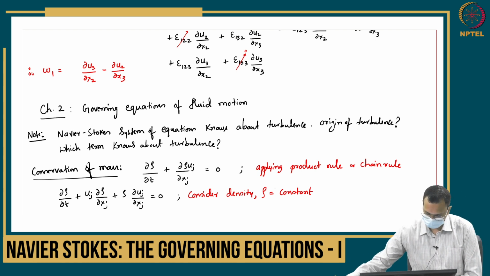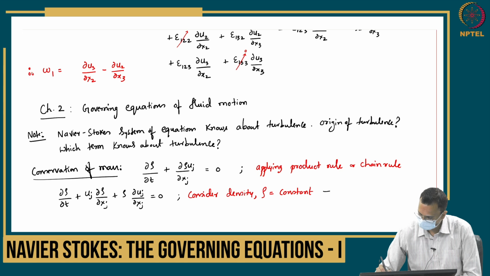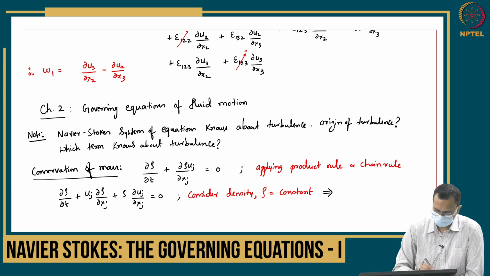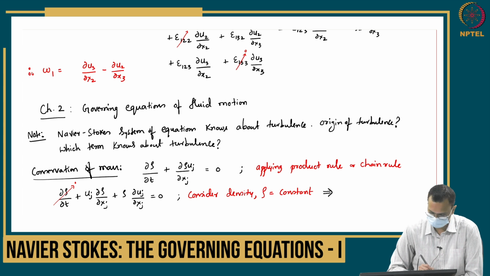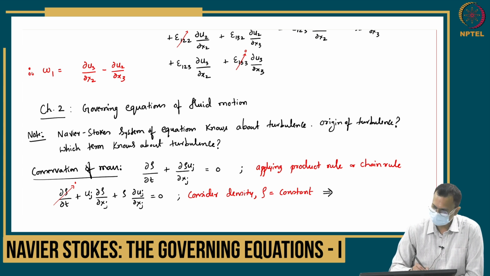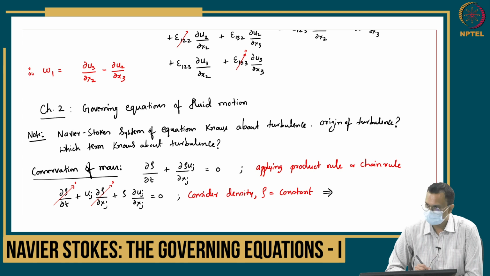If I do that, I get the first term will go away, rho is constant, right? So obviously this term goes away for rho equal to constant. The second term also goes away for rho equal to constant.